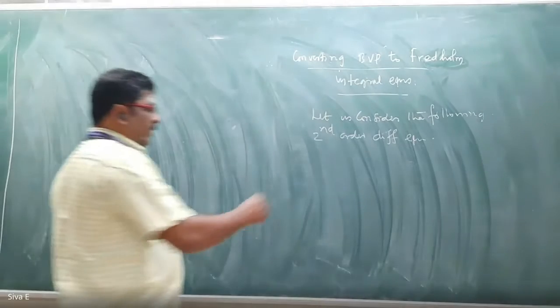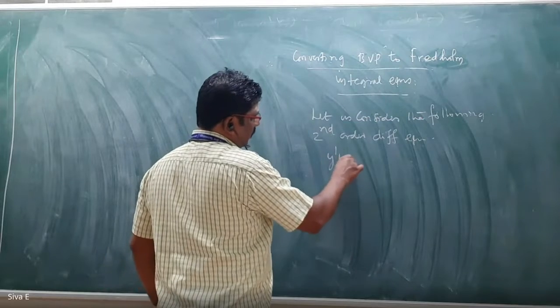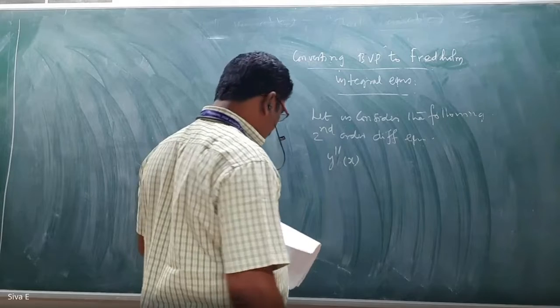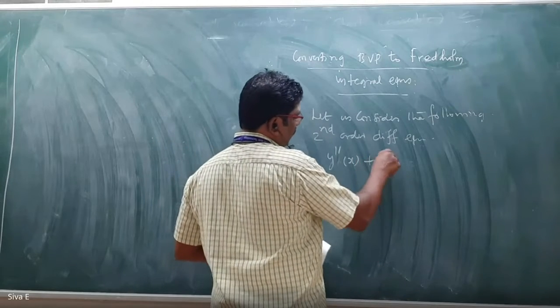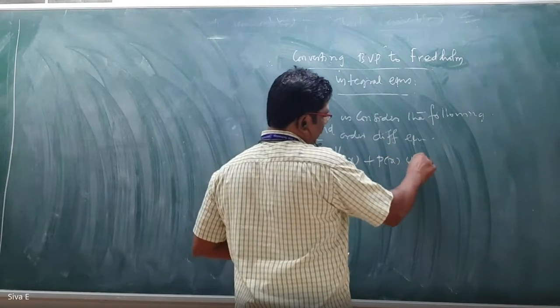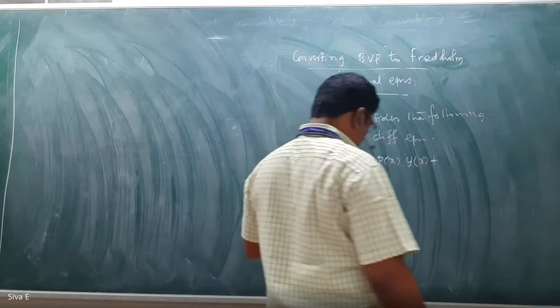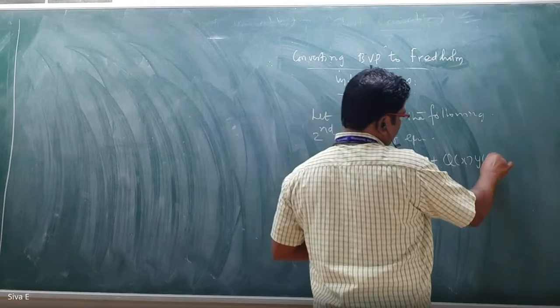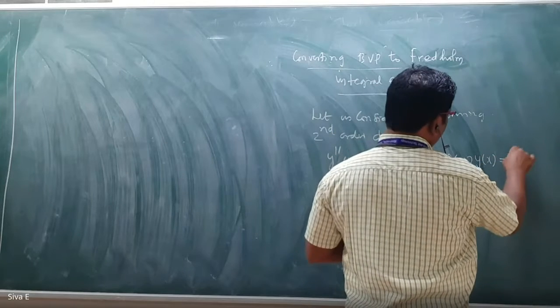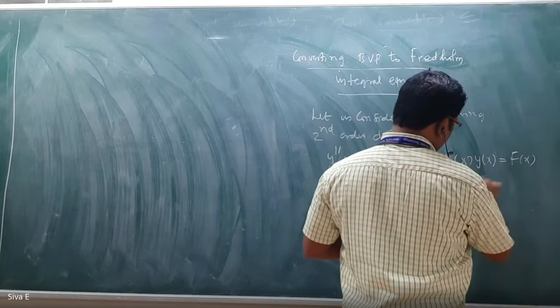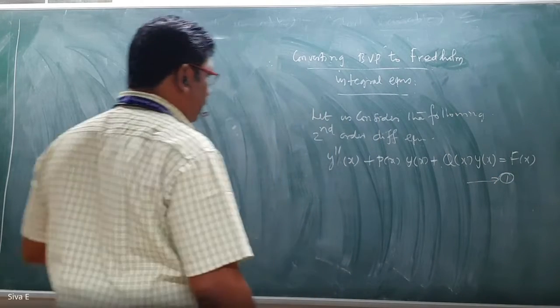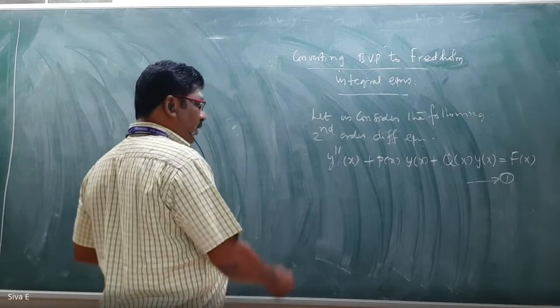What is the general second order differential equation? y double dash of x plus p of x y dash of x plus q of x y of x equals some f of x. The right hand side is equation number 1 with the boundary conditions.